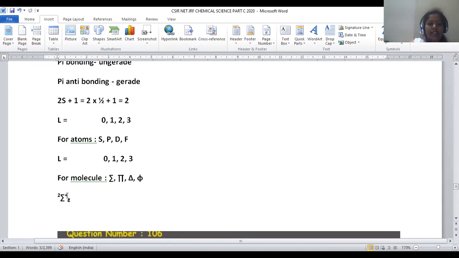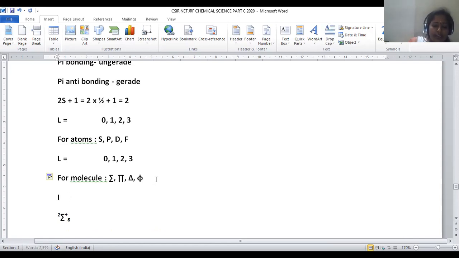Then why is the positive sign indicated here? Here again two conditions will be there. If the electron resides in a bonding orbital, the sign is positive.